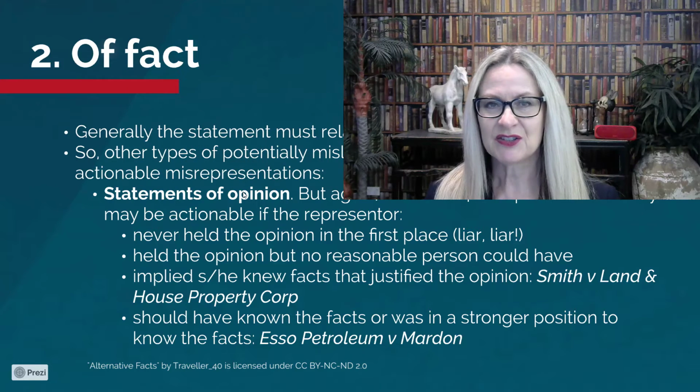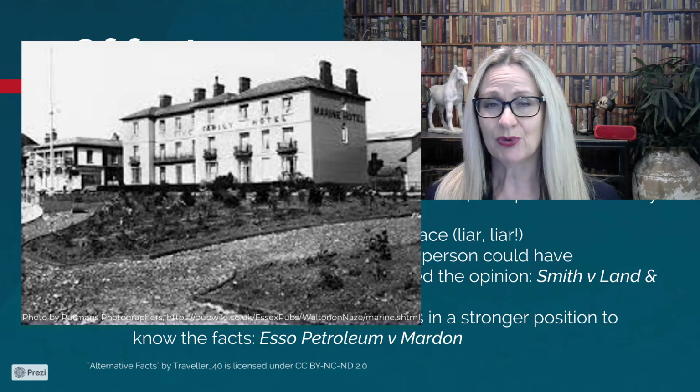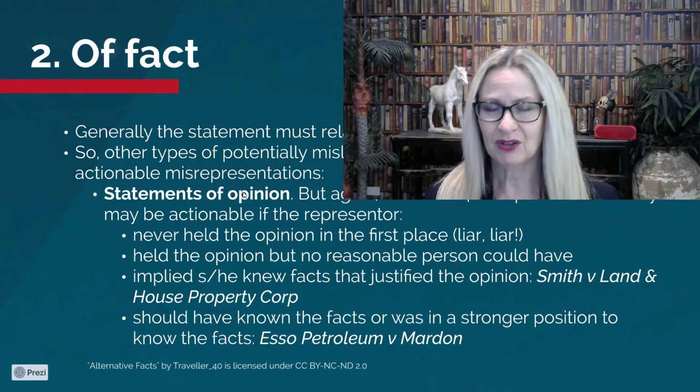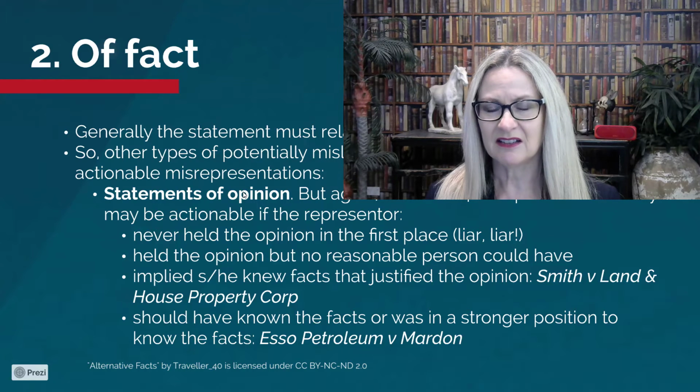And in that case, you had Landon House contracting to buy the Marine Hotel at Walton-on-the-Naze in 1884 from one Smith, who held the title. Smith had represented that the hotel was let to a most desirable tenant, Mr. Fleck.